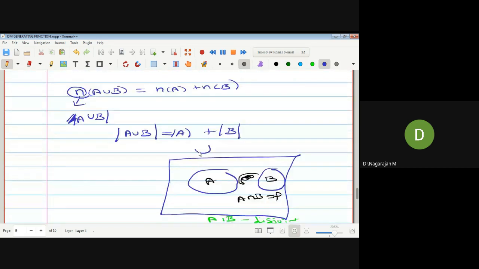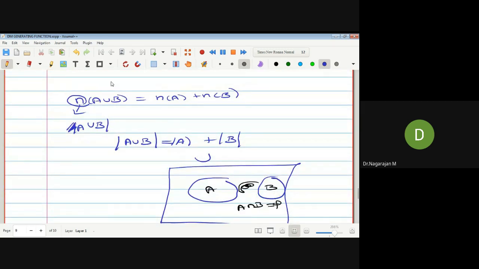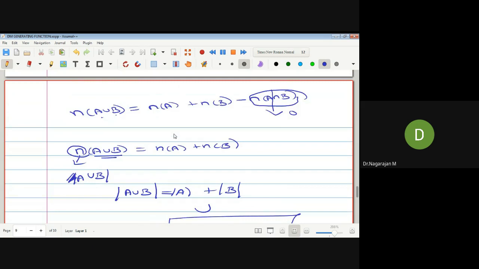The previous formula I gave only for two sets. What is the formula? N of A union B equal to N of A plus N of B minus N of A intersection B.